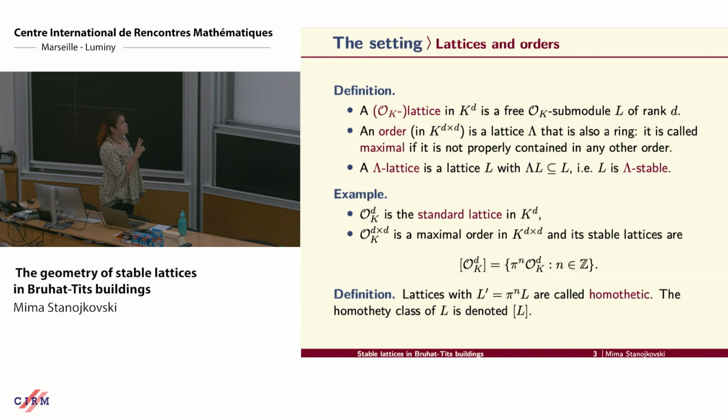So when two lattices differ by a non-zero scalar, we will call them homothetic. And this defines an equivalence relation on the lattices. We denote the equivalence class of a lattice under homothety with those square brackets.